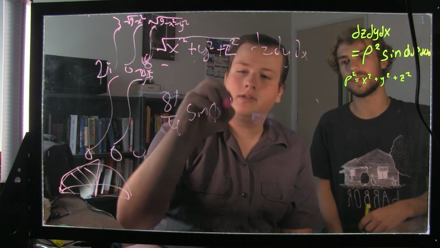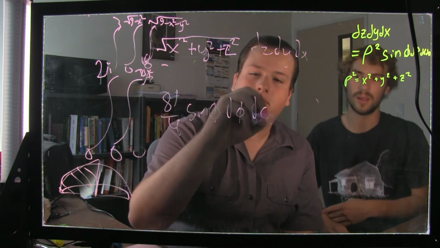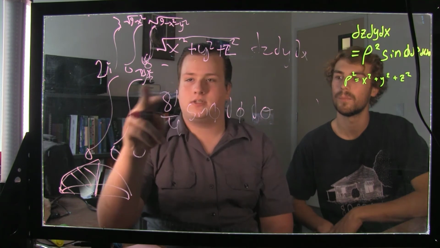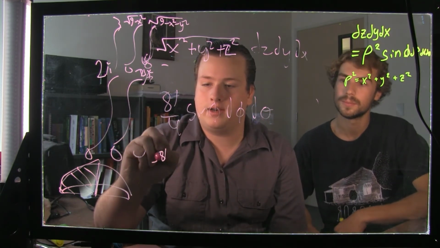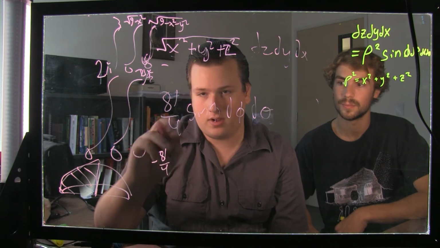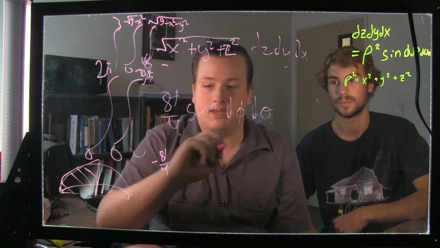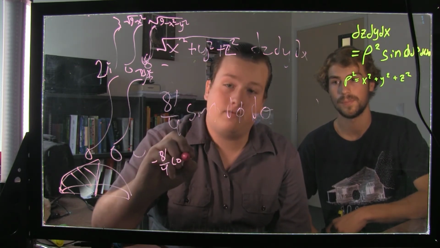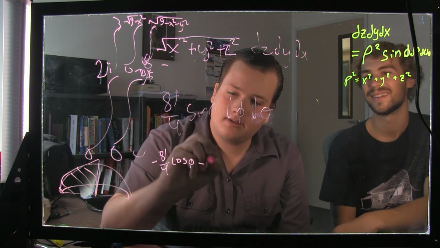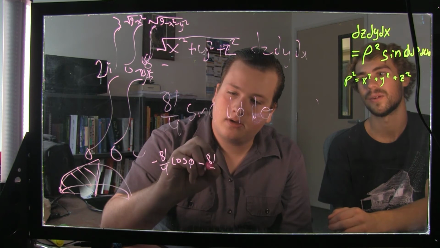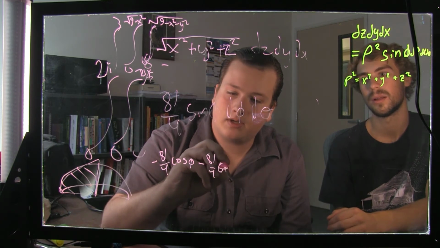Yeah. d theta. Cool. All right, so this turns into negative 81 over 4, because the integral of sine phi is negative cosine phi. Minus 81 over 4 cosine.